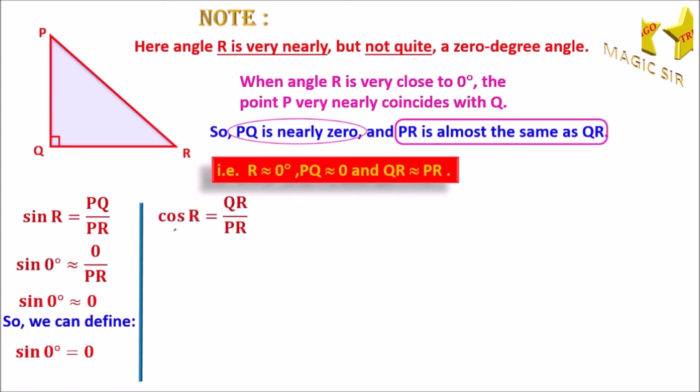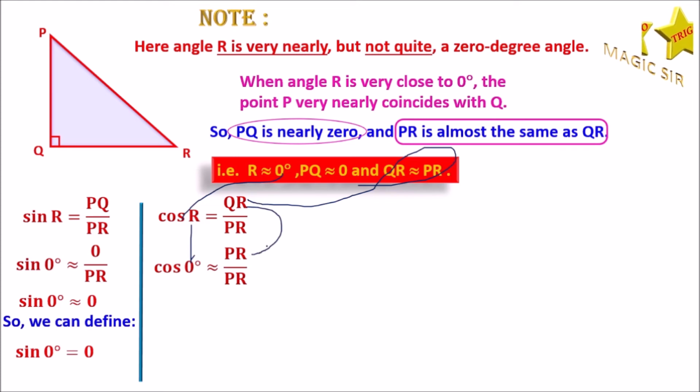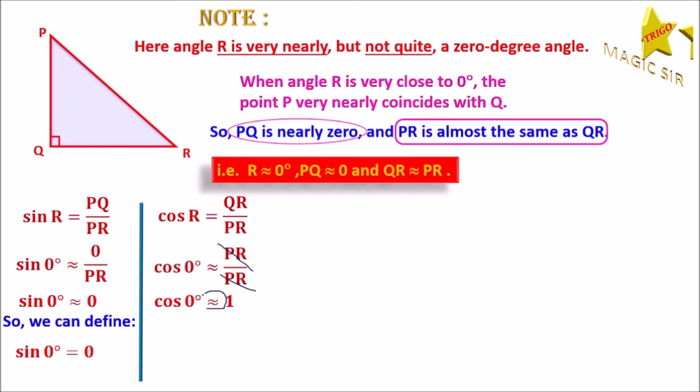Now by definition, cos R is equal to QR upon PR. We put R approximately equal to 0 degree and QR approximately equal to PR. So cos 0 degree is approximately equal to PR upon PR.